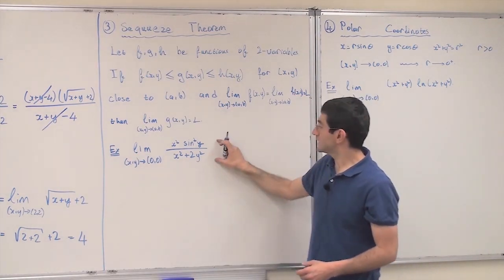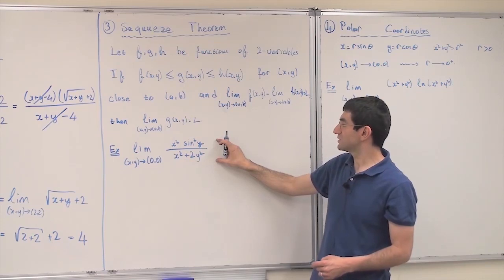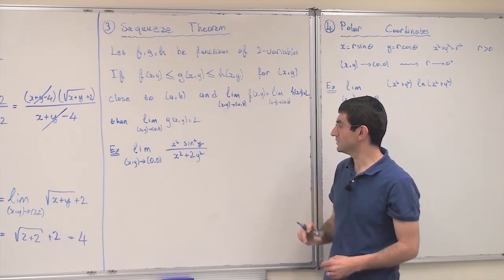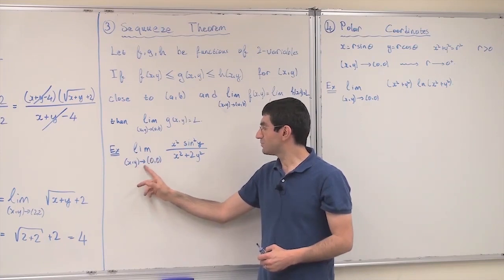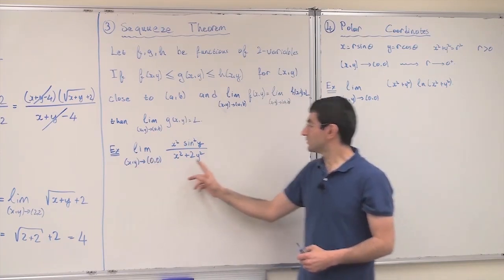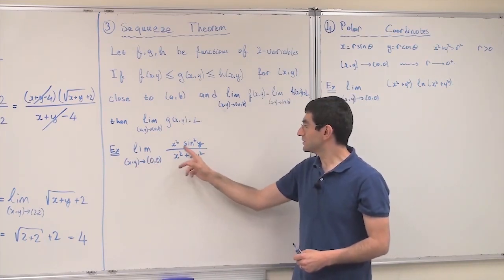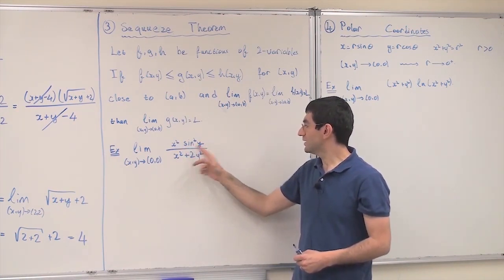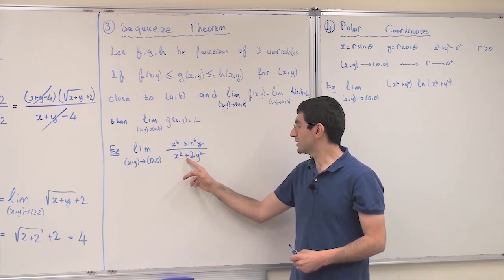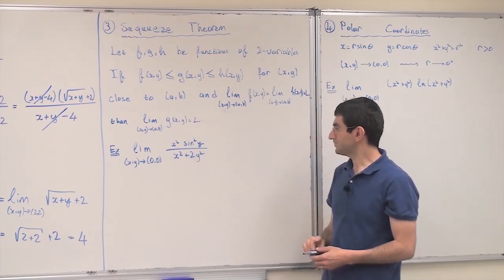Now, let's see how we use this squeeze theorem on our next example. Here, we'd like to calculate the limit as x, y approaches 0, 0 of this two-variable function, which is x squared times sine squared y all over x squared plus 2y squared.